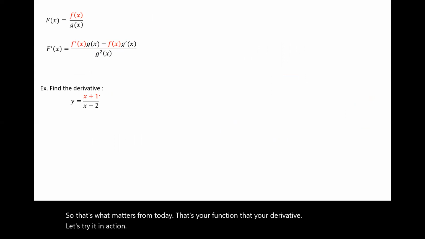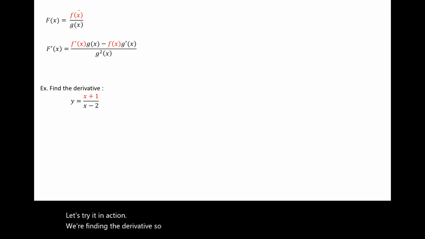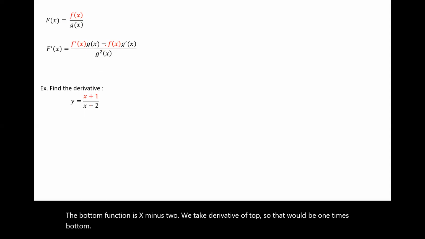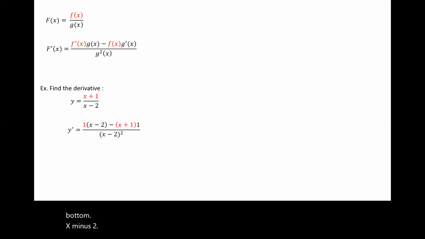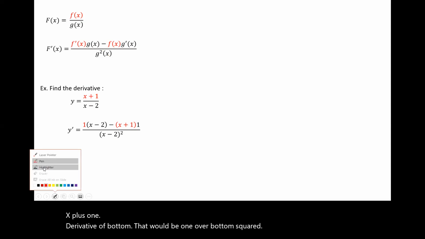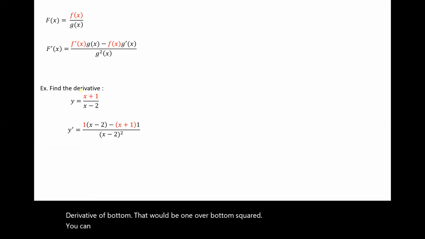We're finding the derivative. The top function is x plus 1. The bottom function is x minus 2. We take derivative of top, that would be 1, times bottom, x minus 2, minus top, x plus 1, times derivative of bottom, that would be 1, over bottom squared. We can check it again to make sure we understand what's happening.